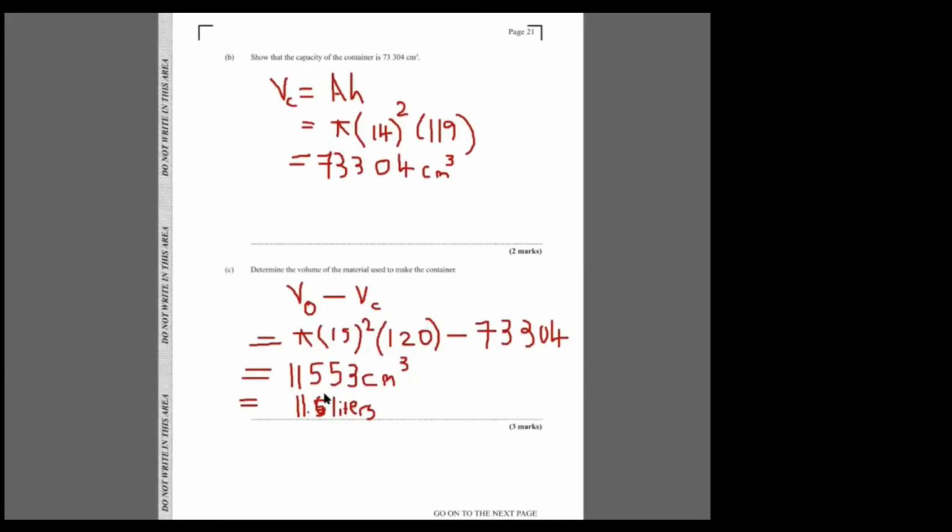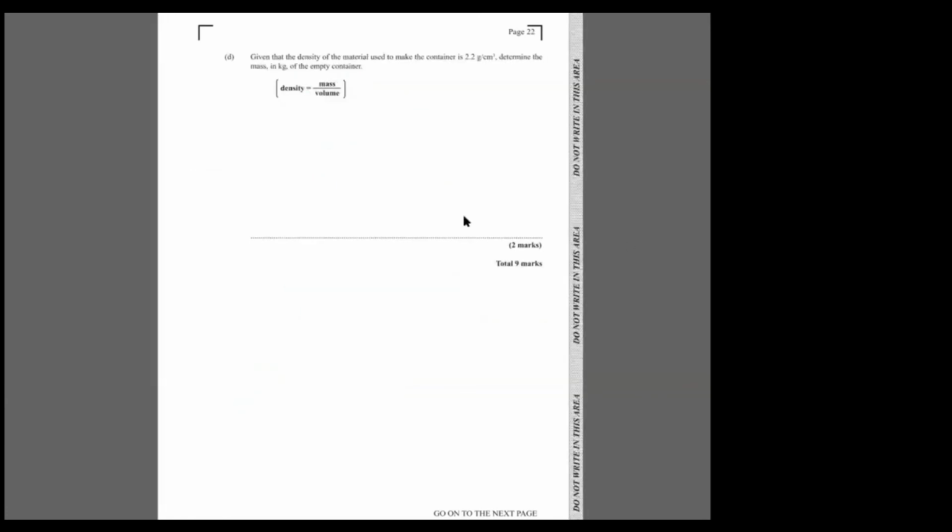Finally, it says, given that the density of the material used to make the container is 2.2 grams per cm cubed, determine the mass in kilograms of the empty container. So this is the volume of the empty container, 11,553 cm cubed. They give you the density, and they're asking you for the mass of the empty container.